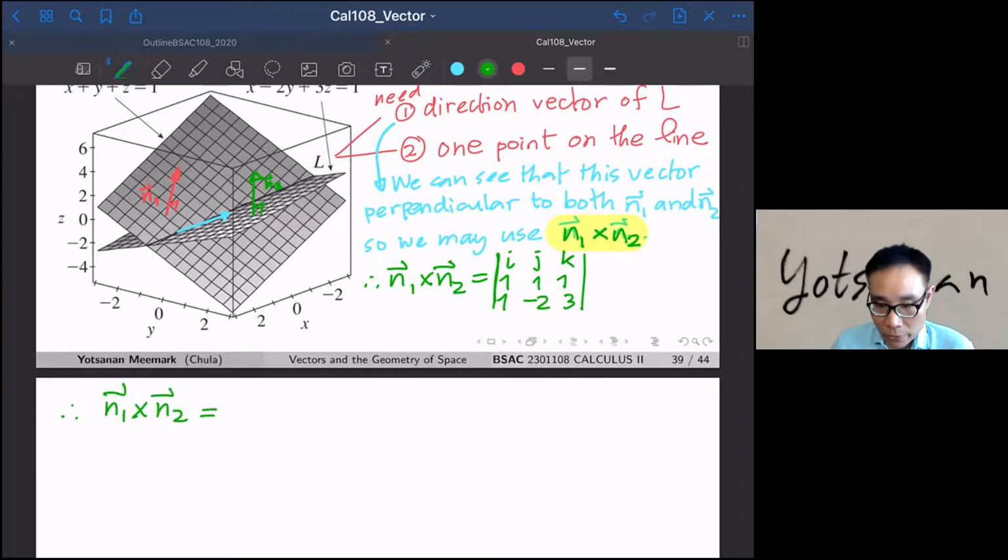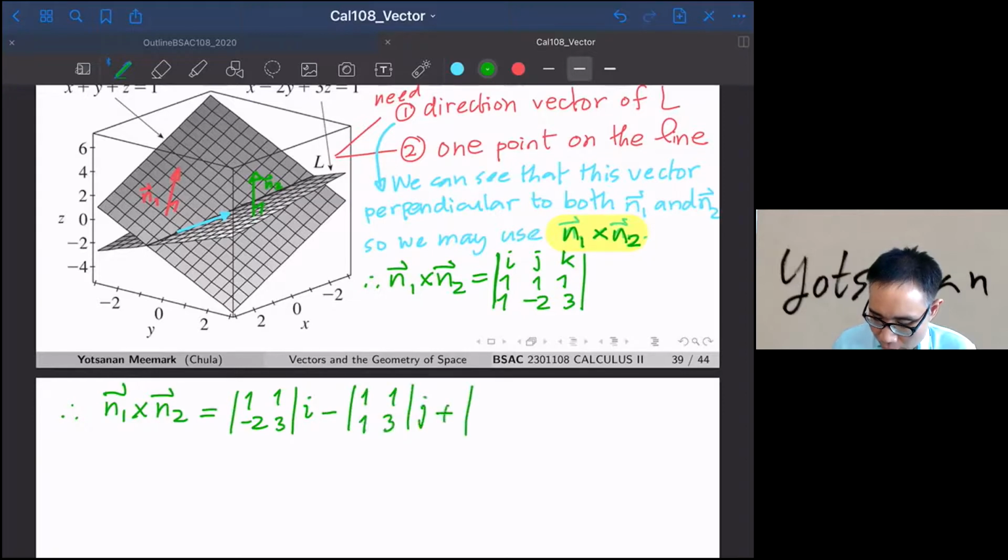It's going to be i times (1, 1, negative 2, 3) minus j times (1, 1, 1, 3) plus k times (1, 1, 1, negative 2).